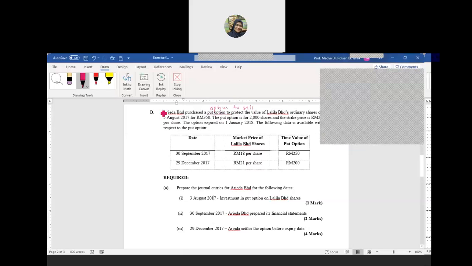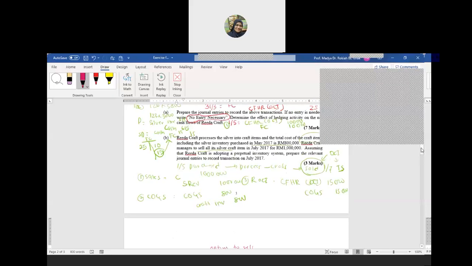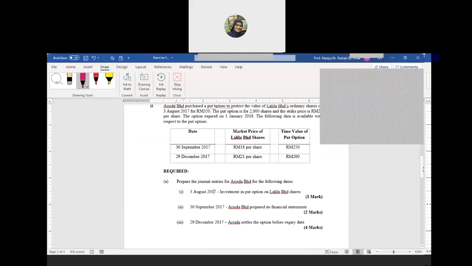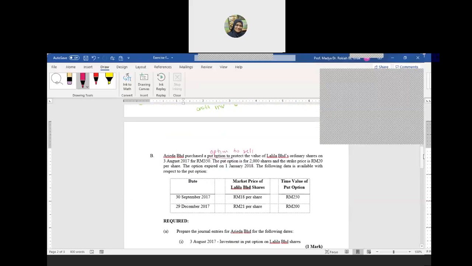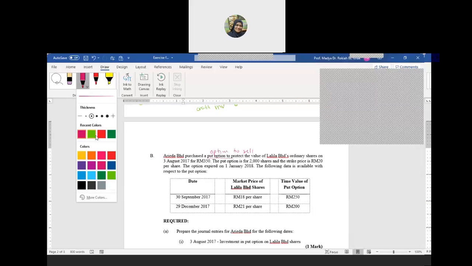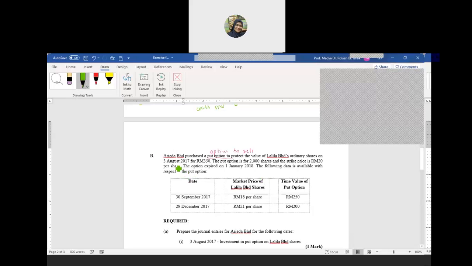Okay, so I'm going to protect against the price of the shares of Arida Berhad, the ordinary share on 3rd of August. Protect the value of the ordinary share on 3rd of August at 350.